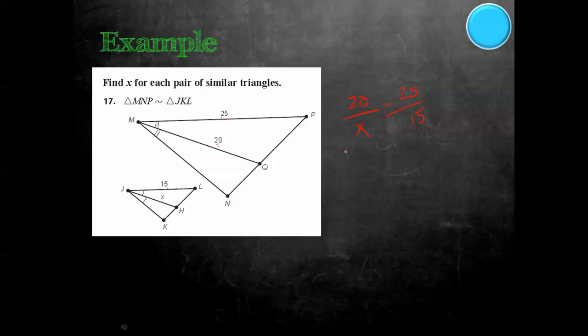So those would be the numbers that we have to use. So now we're going to take 25 times x, which is 25x, and then 20 times 15, which is 300, and then we're going to divide that by 25. So 300 divided by 25, and we know that x equals 12. So we know that this line equals 12.